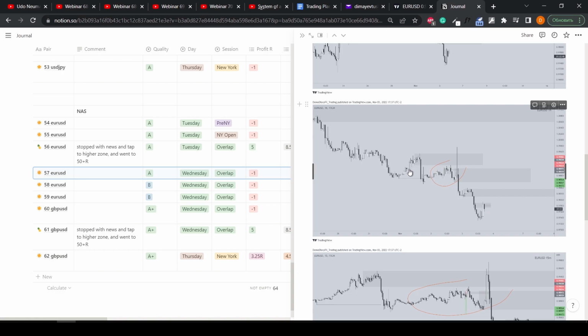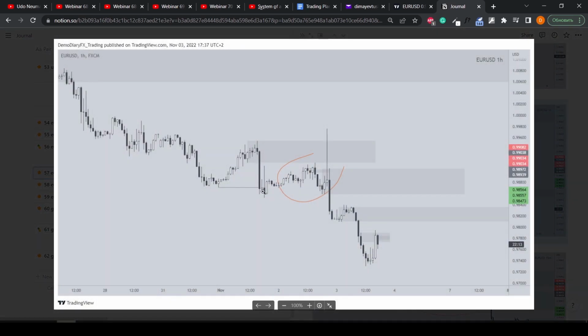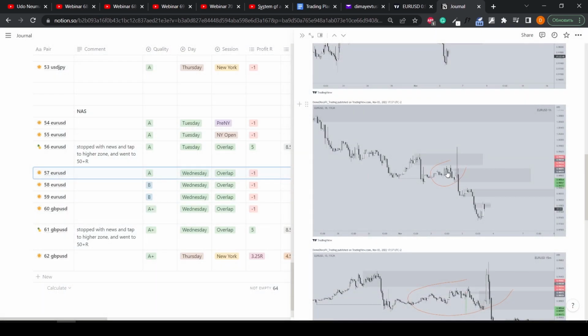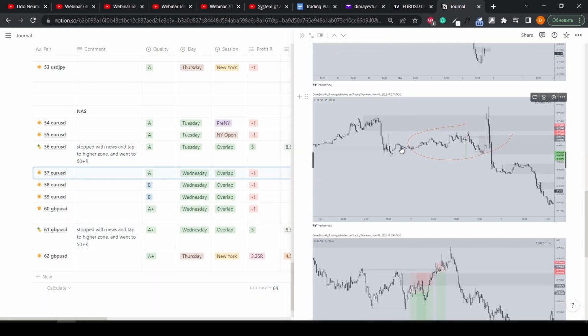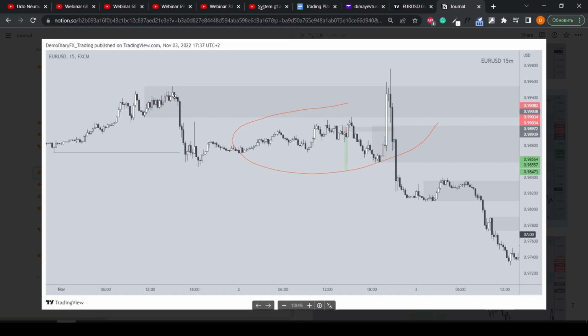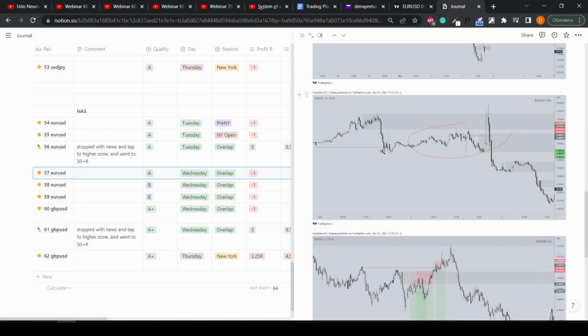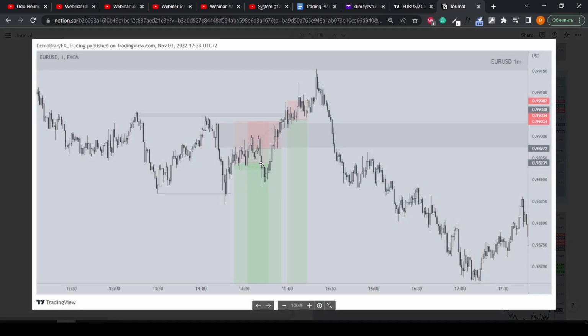Then on 1 hour, I think the entry was in this area, a zoomed in view. Then on 15 minutes, as you can see, it shifted, and we are in this range, this bigger zone, and I was just looking for my excuses to go short. And on 1 minute we had this big range.